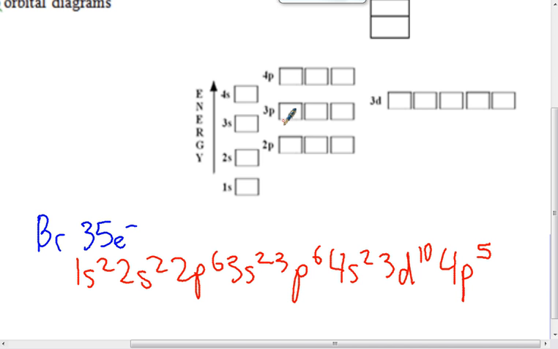So your answer, though, should be, up, down, up, down, up, up, up, down, down, down, up, down, up, up, up, down, down, down. And I'm doing this dramatically on purpose to illustrate Hund's rule, spread them out, Pauli exclusion, opposite spin.